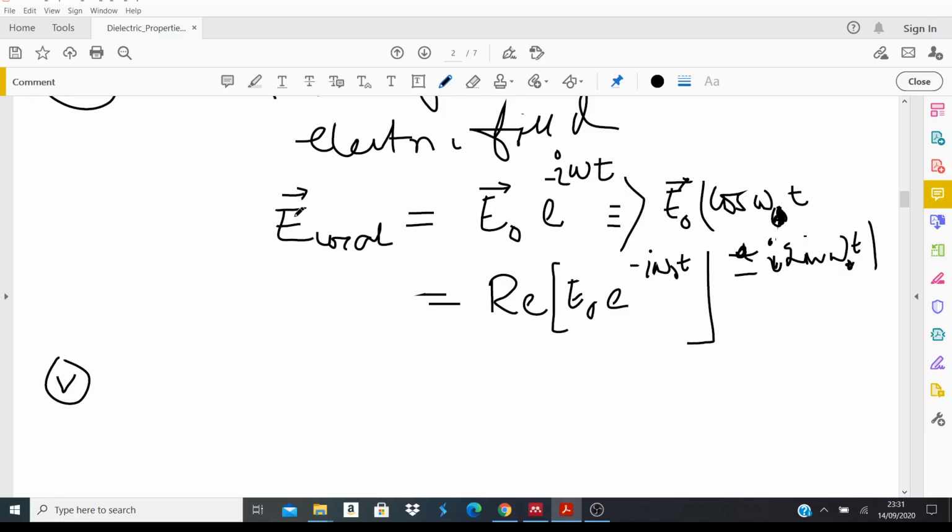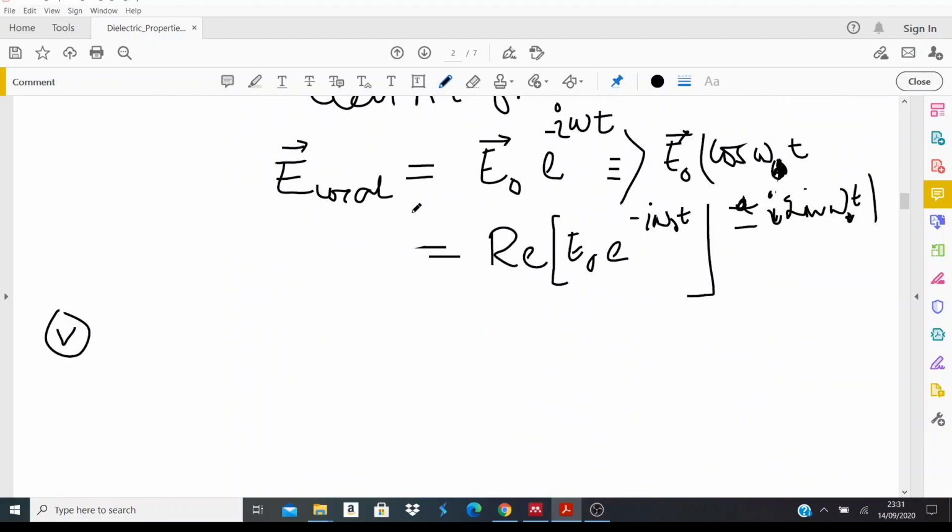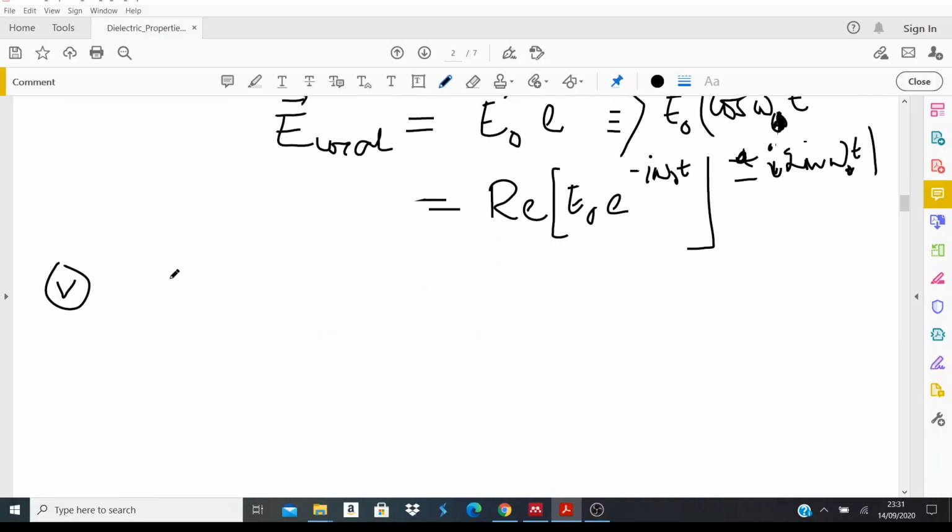Now, that's the local electric field. Under the influence of this field, let's say this is the equilibrium position, but the electronic shell will be distorted from the equilibrium. So let's assume the shell is displaced under this electric field.